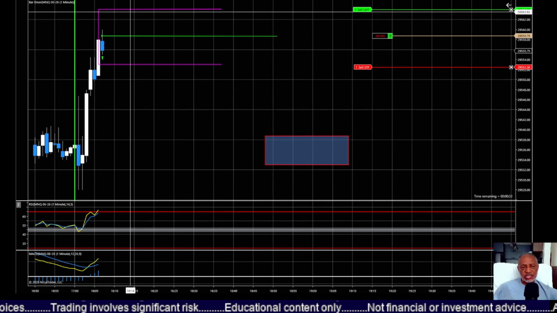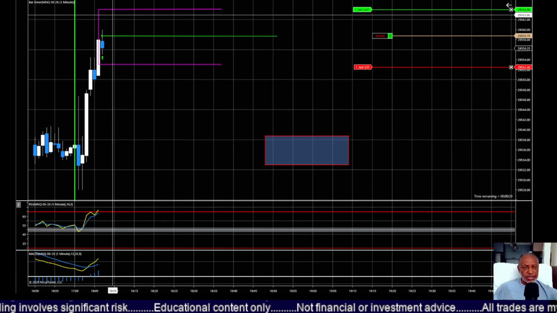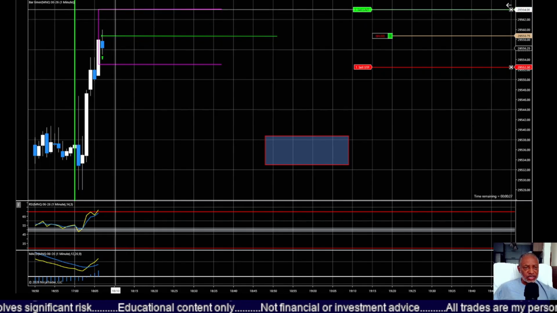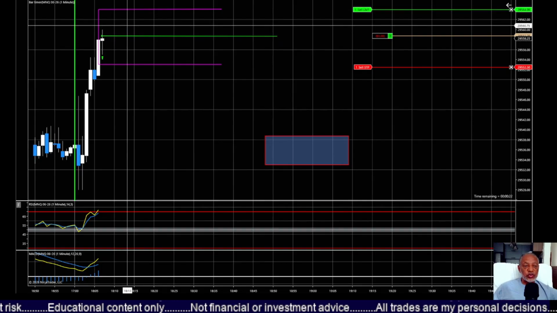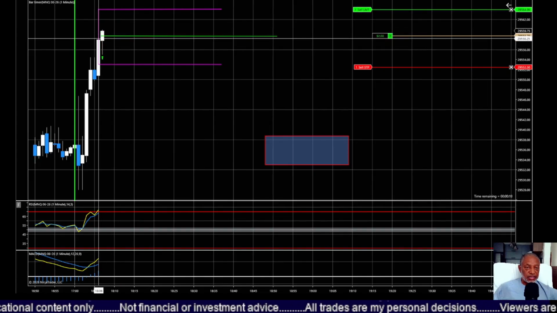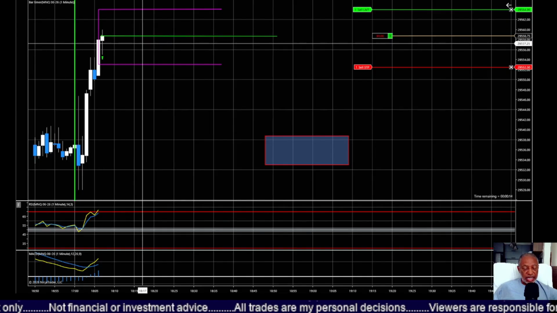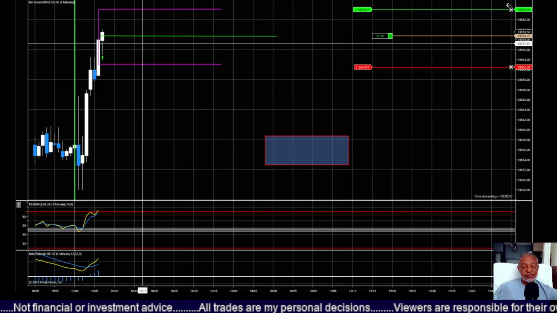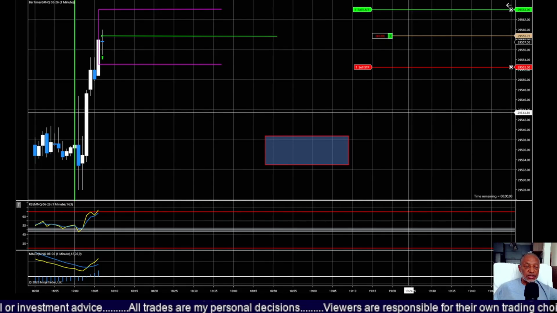Because there are times when it'll just go up and tap the 25. Looks like we're going to lose on this trade. But sometimes when it goes up, it'll just go like 25, 26 ticks and then turns around and comes back. And so if you have to pull back to get the trade, maybe I don't get the full 25 ticks, but you know what? If I'm positive, then I'm good with that.